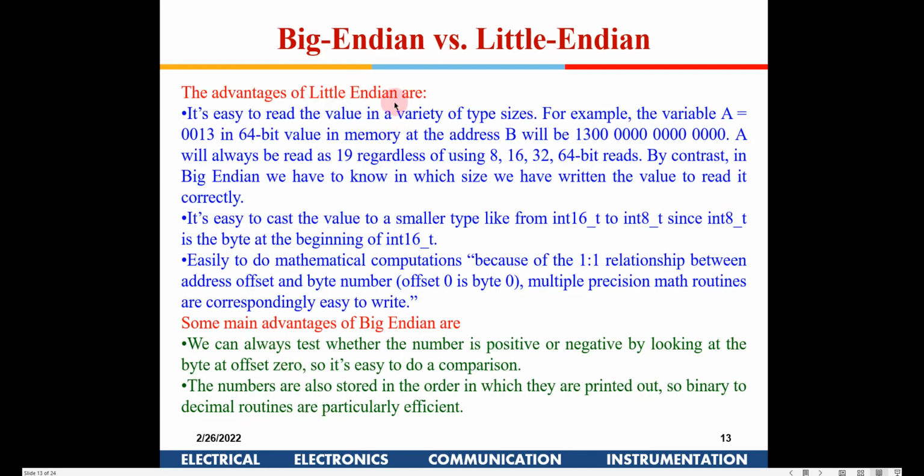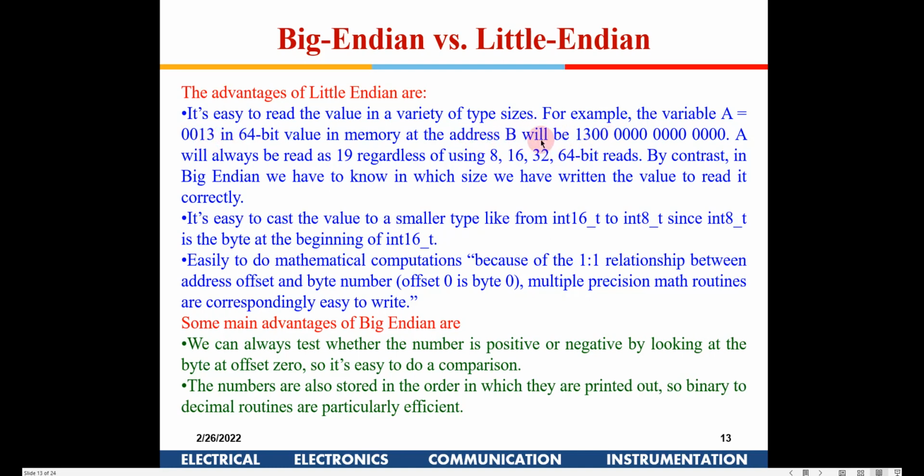So the advantage of Little-Endian is, for example, for certain operations, I am writing a 64-bit value into the memory address, like 0013, right. So the 13 will be written first, and then it is only 0013, right. It's only 2 bytes of information.